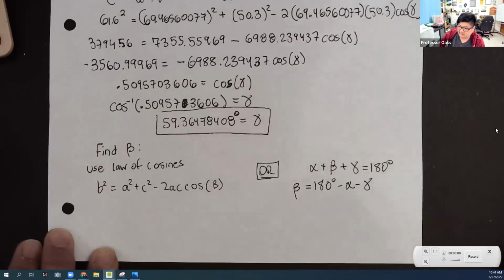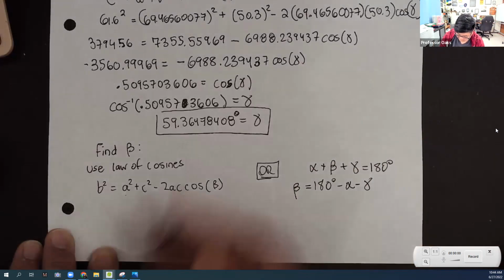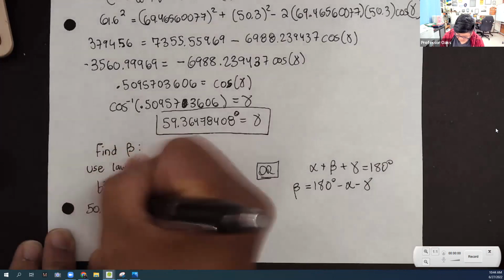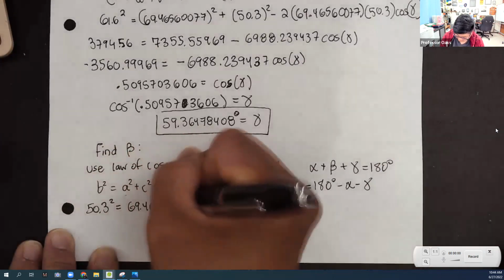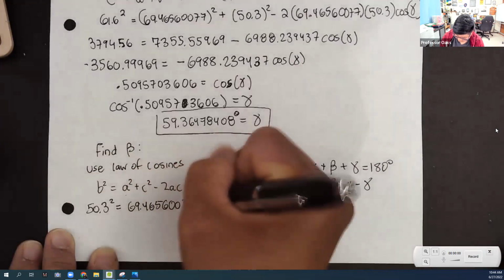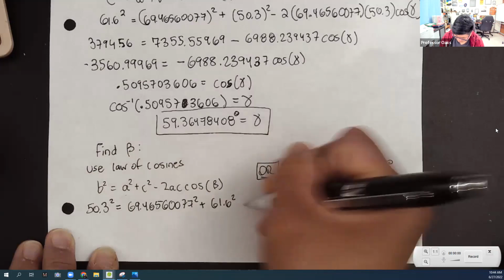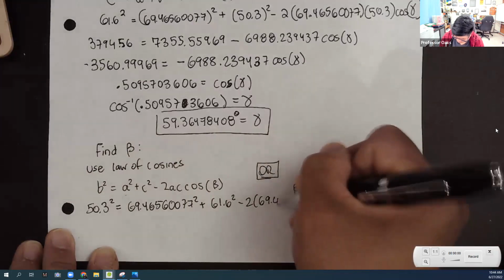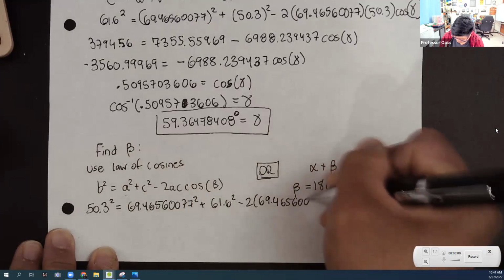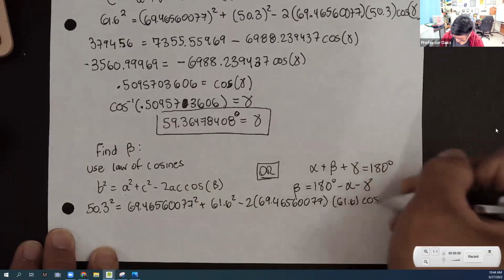So this way will be longer, of course, because it's 50.3 squared equals that 69.465600077 squared plus 61.6 squared minus 2 times that number right there times that number right there for C cosine of beta.